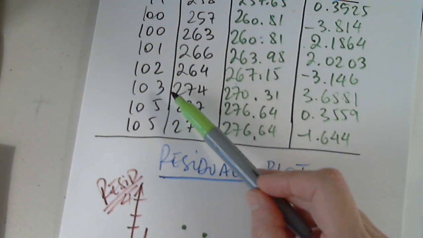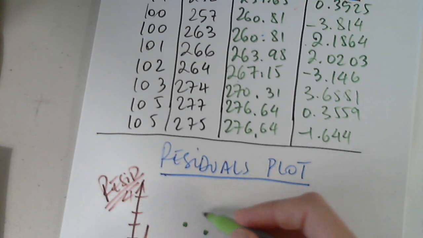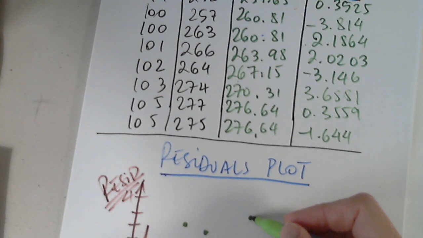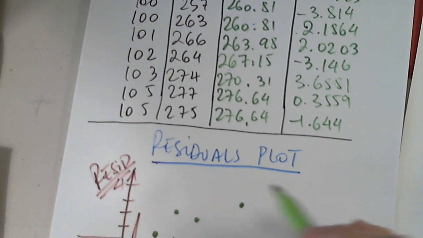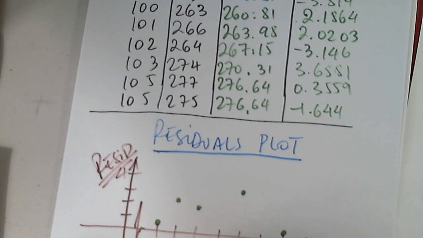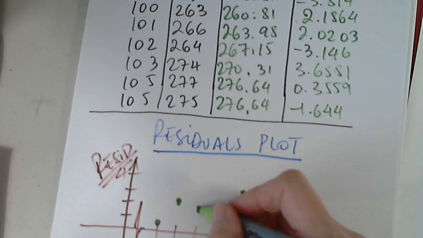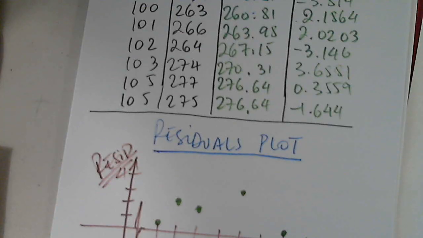For 102, negative 3.1, and 3.6. There is no 104, and for 105 we have 0.3, and we also have negative 1.6. Okay, this is the residual plot.